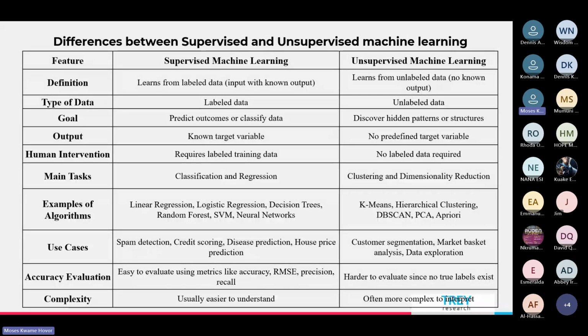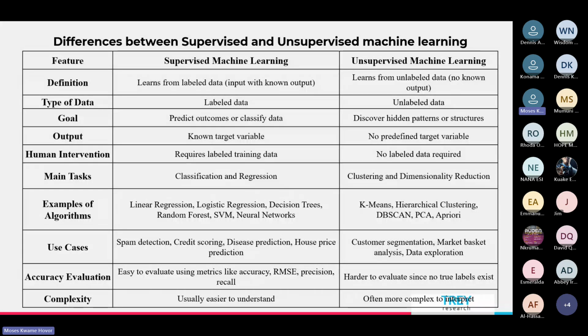As we have first seen from the above slides, if you want to check accuracy evaluation, that is after you are done with your model implementation, which we'll be talking about in the coming sections, you are going to realize that with supervised machine learning, it is very easy to evaluate using metrics like accuracy, RMSE, precision, and recall.